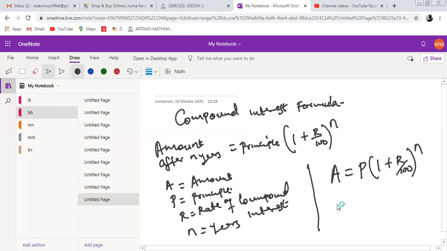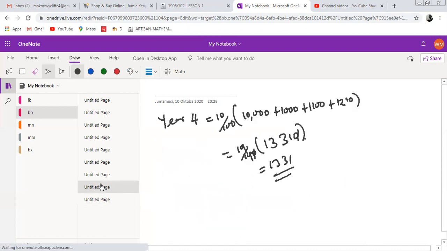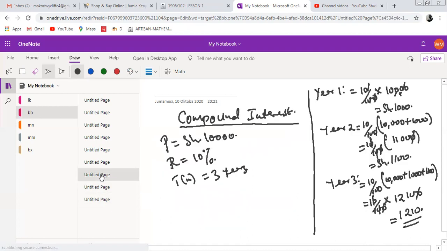In our case, we can be asked to get the amount after 3 years. The principal was 10,000, the rate we were using was 10%, and we want to know the amount after 3 years. But first, allow me to come here and have that amount so that we can compare.